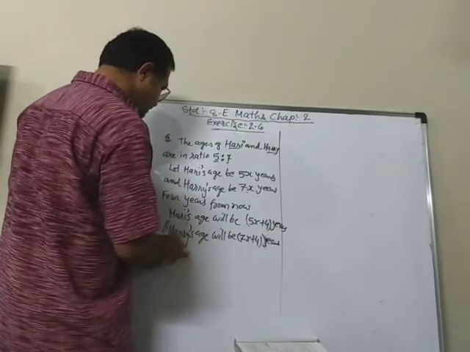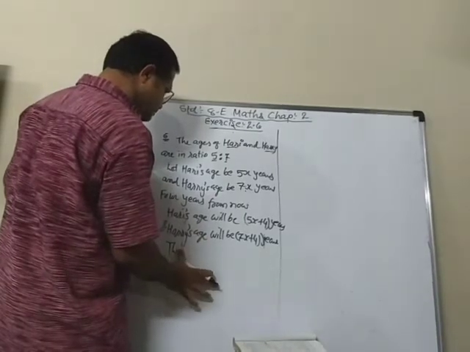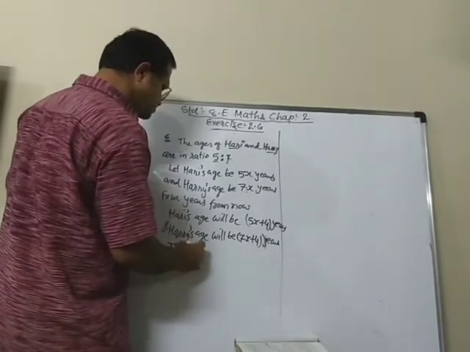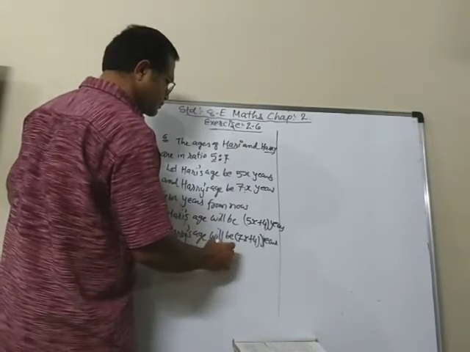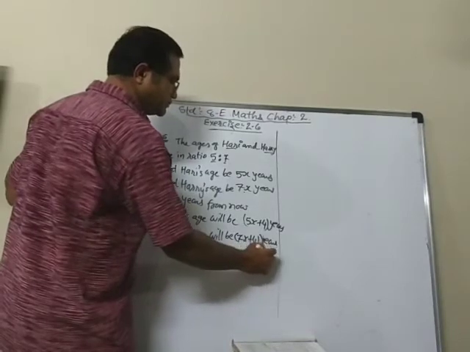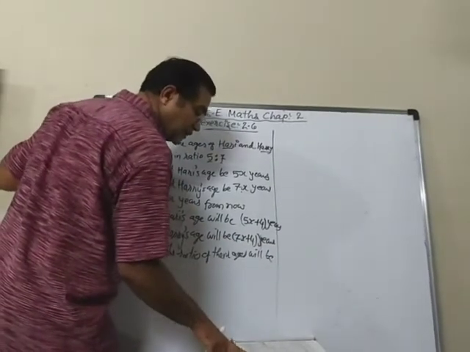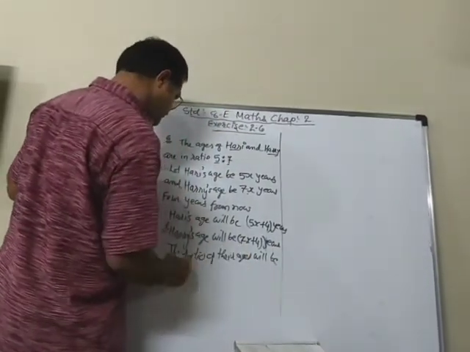And the ratio of their ages will be how much, given? Given that it will be 3:4.